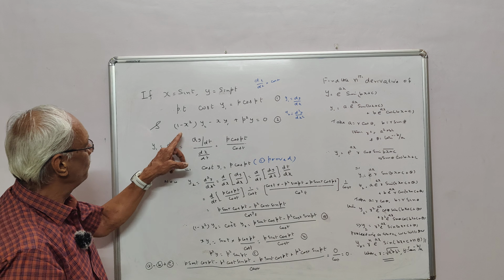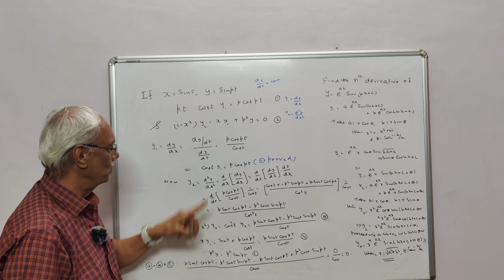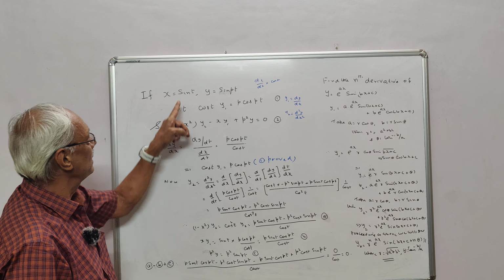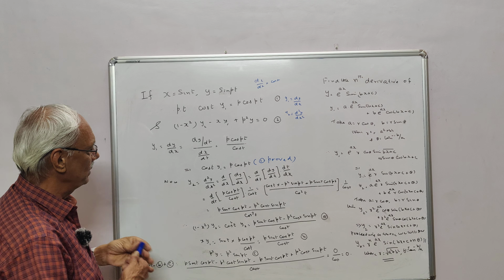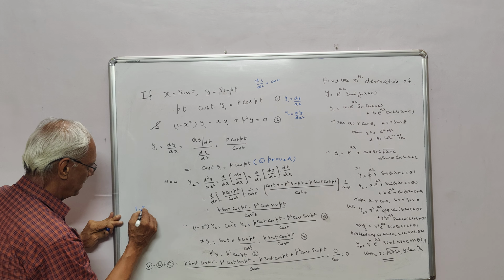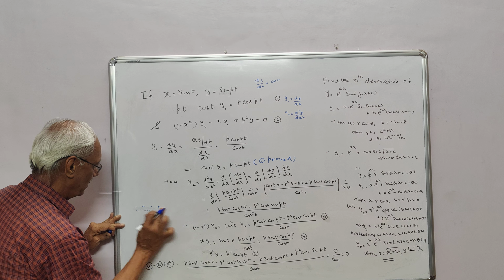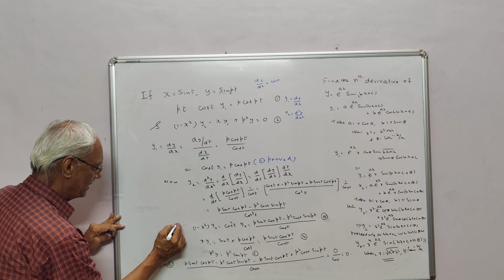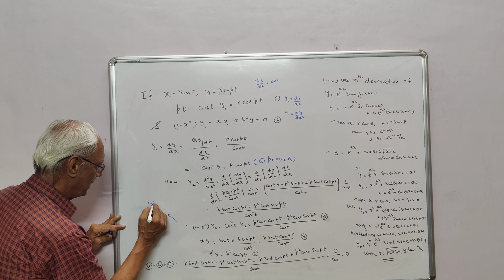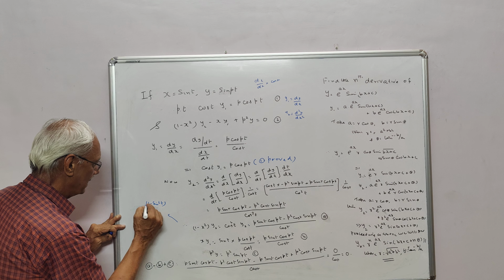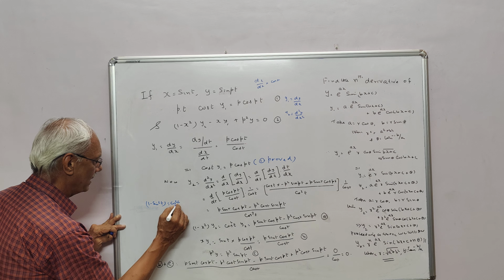Therefore, now I want 1 minus x squared into y2. Now what is my 1 minus x squared? X squared will be sin square t, so it will be 1 minus sin square t, which is equal to cos square t.